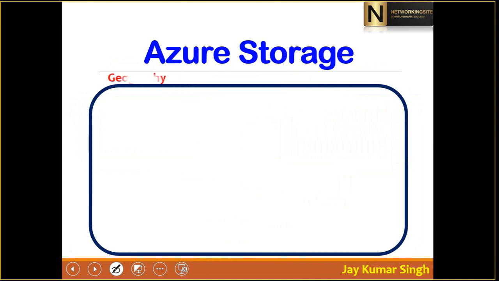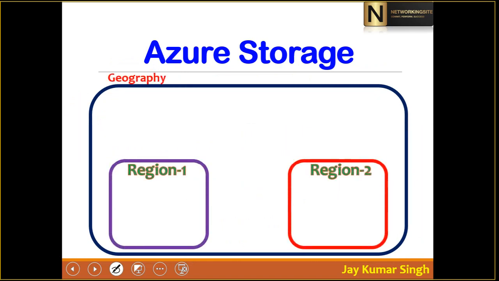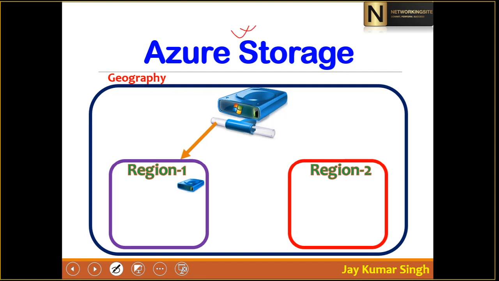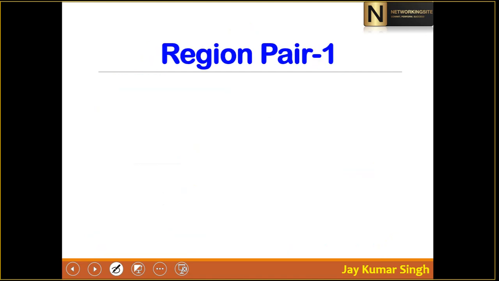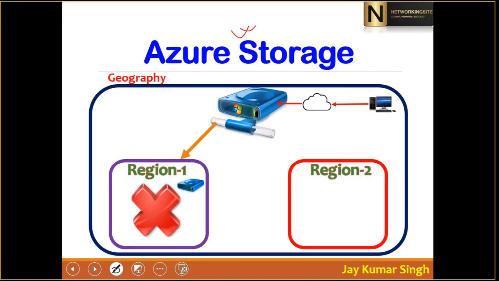Here you will have this geography. Inside the geography you have region 1 and region 2. Now, whenever you create any server or any storage, this is the storage example, automatically it will come to region 1, and if region 1 is down, then you will say, I want the connectivity, I want to access it.